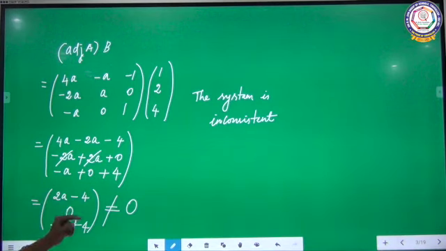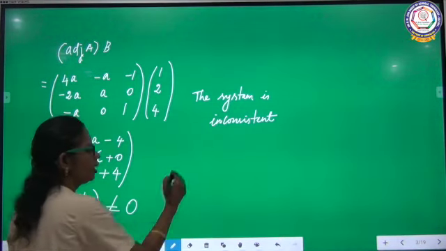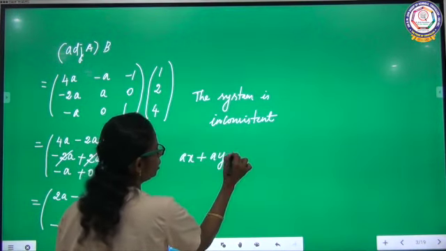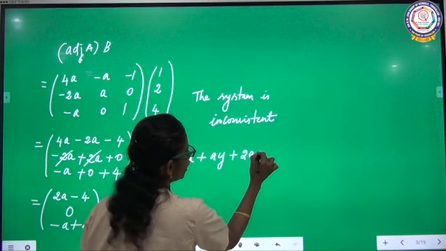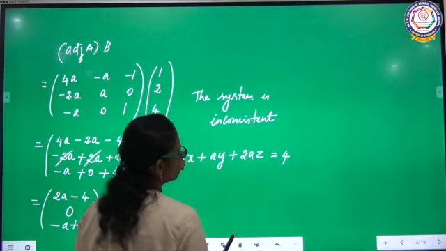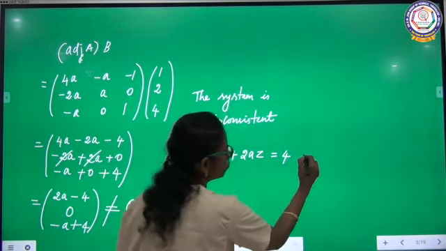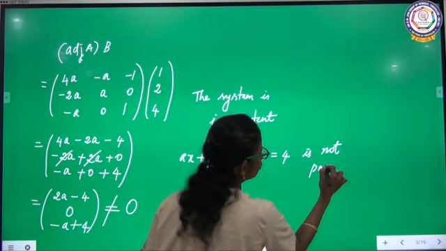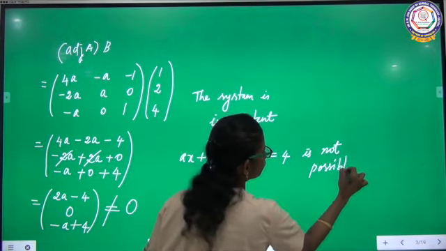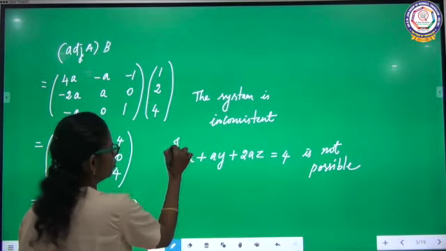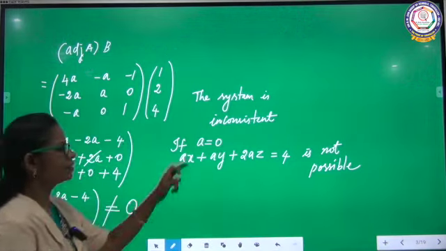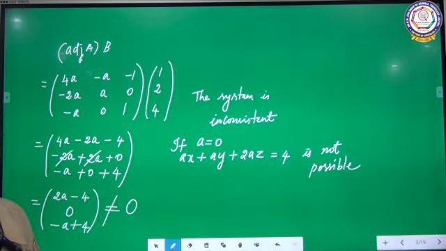Suppose if your A equal to 0 means the third equation is what? Third equation is AX plus AY plus 2AZ equal to 4. It is not possible when you substitute A equal to 0. If you consider A equal to 0 means the third equation is not possible.